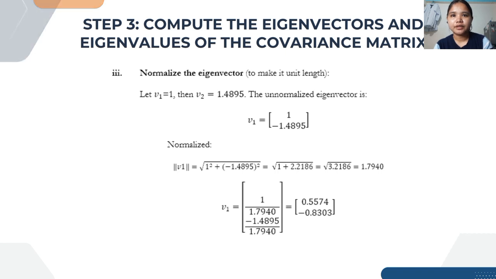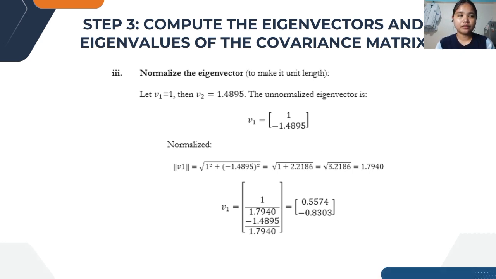Then by this formula for normalizing vectors, we get 1.7940, and this value will be divided into the unnormalized eigenvector above. So we have 1 over 1.7940, and the second one is negative 1.4895 divided by 1.7940.